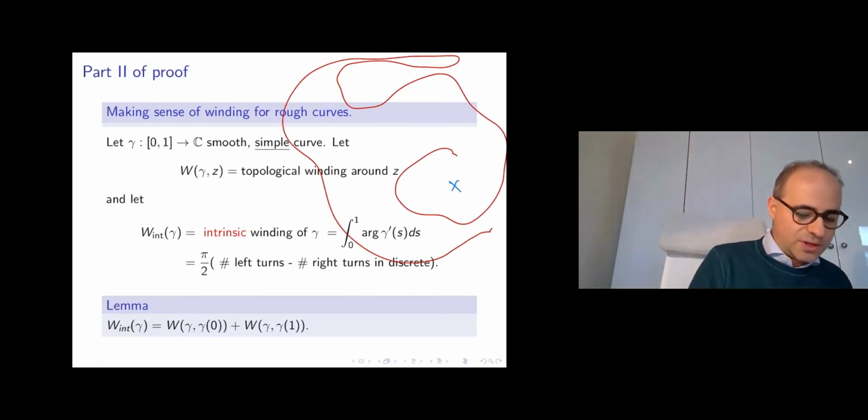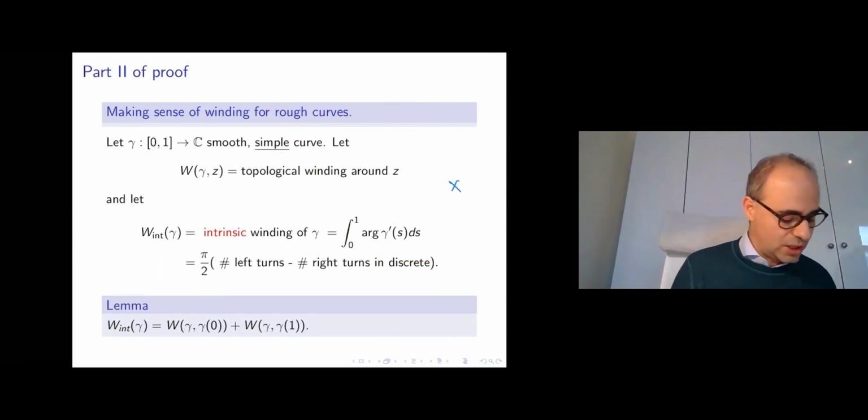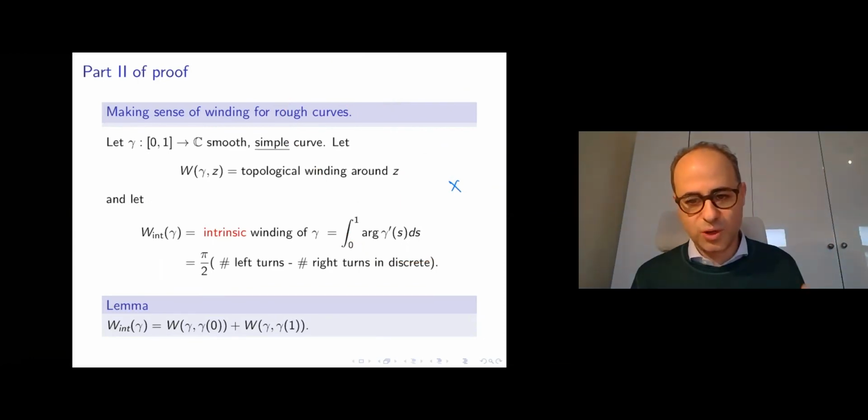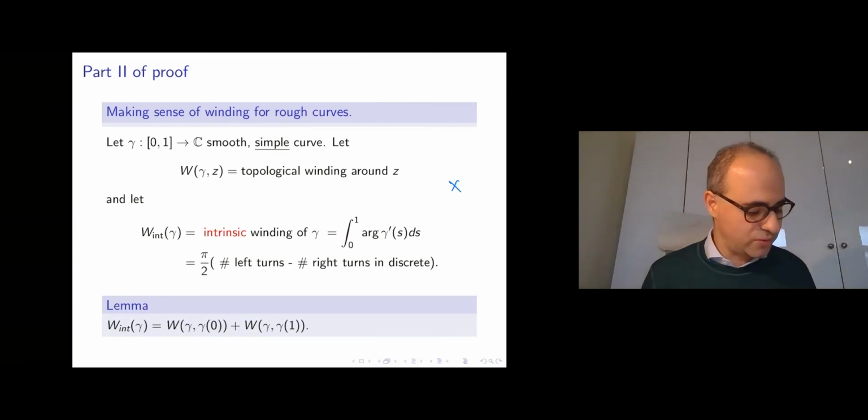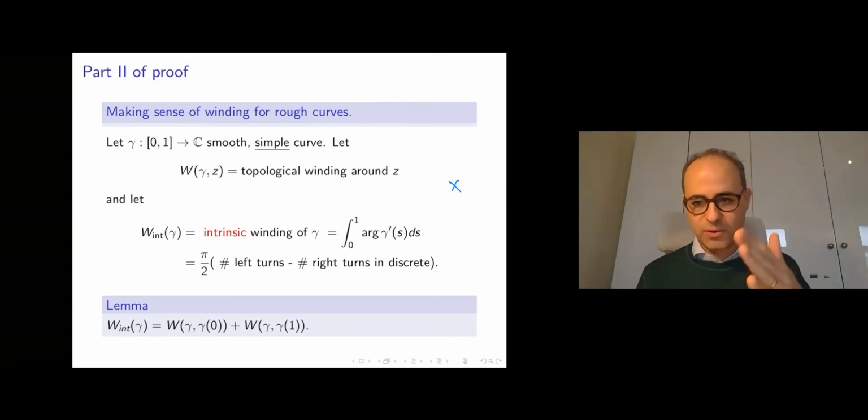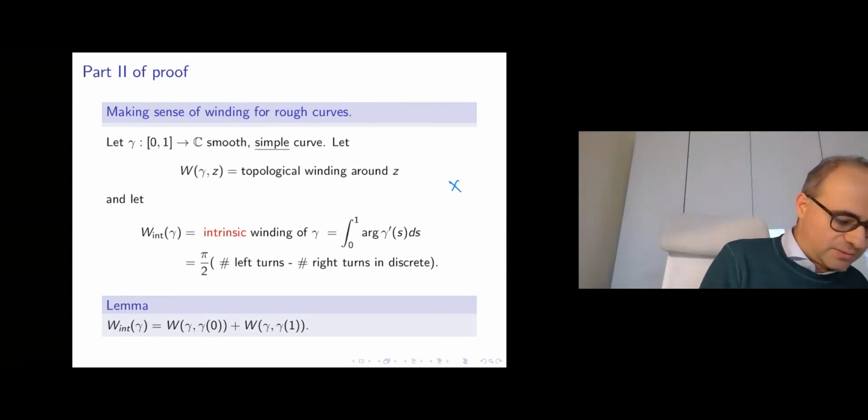And there is a more interesting notion, more closely connected to what we're interested in, which is intrinsic winding. If the path was smooth, what you would do is just look at the turning of the path. So you plot the tangent to the path at any given time. Here's my path, maybe it goes between here and here.